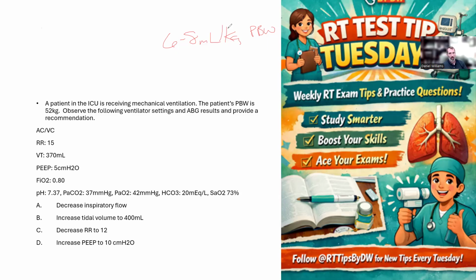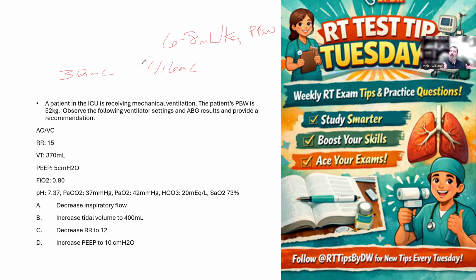So if I take 52 and multiply that by 6, the low end of my tidal volume is going to be 312 milliliters. The high end of my tidal volume, 8 times 52, is 416 milliliters. That's the range for tidal volume that I'm working in.